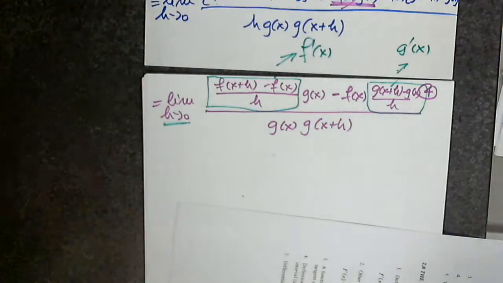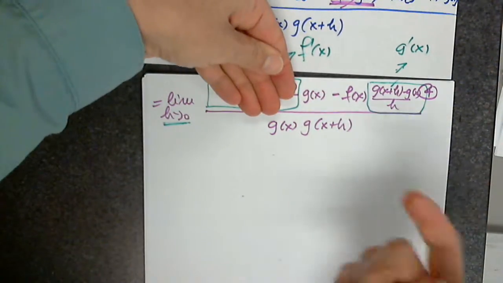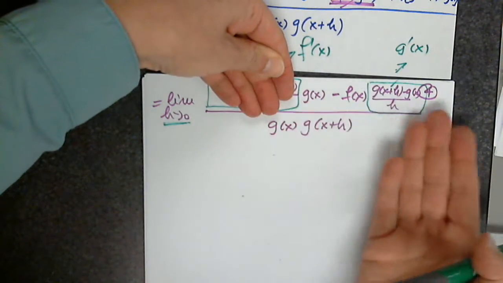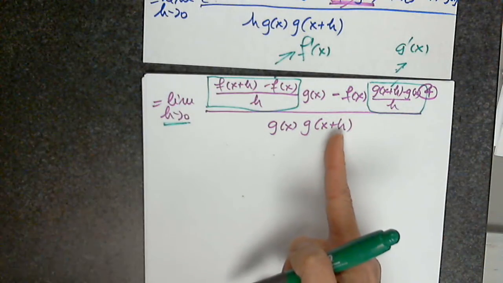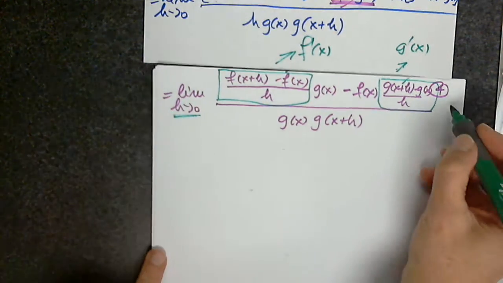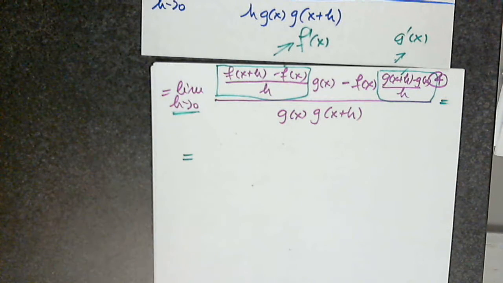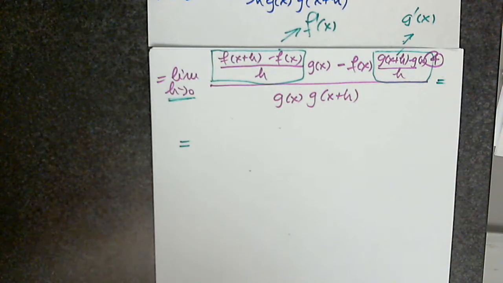Exactly. It's not done yet, though, because this is gone because it's f prime. This is gone because it's g prime. Nothing else at the top has h in it, but there is an h in the denominator. So I would like anyone to give me the final answer. Now I can drop the limit operator.